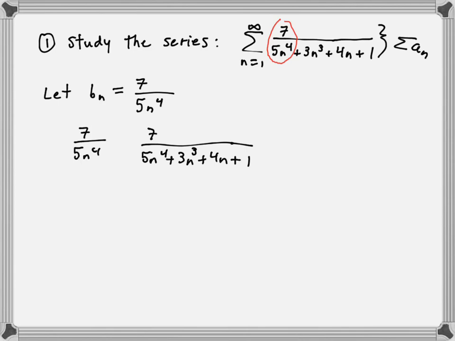Well, I want you to think about it. The one on the right has a larger denominator, so therefore it must be smaller. So this guy is bigger. So this is true, and this is actually true for all n.